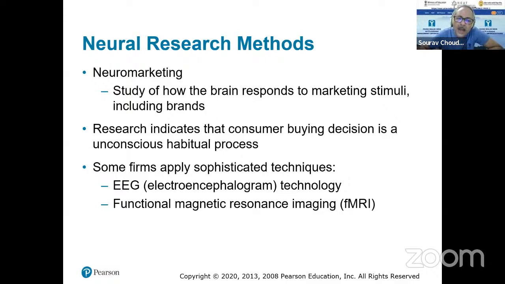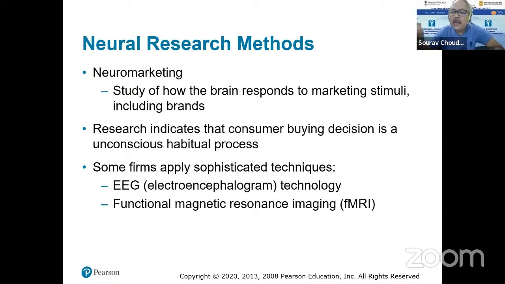Because when you actually do an EEG or an fMRI, how your brain's neurons, the small nerves, react can be mapped. And then they can see which stimuli is reacting most in you.